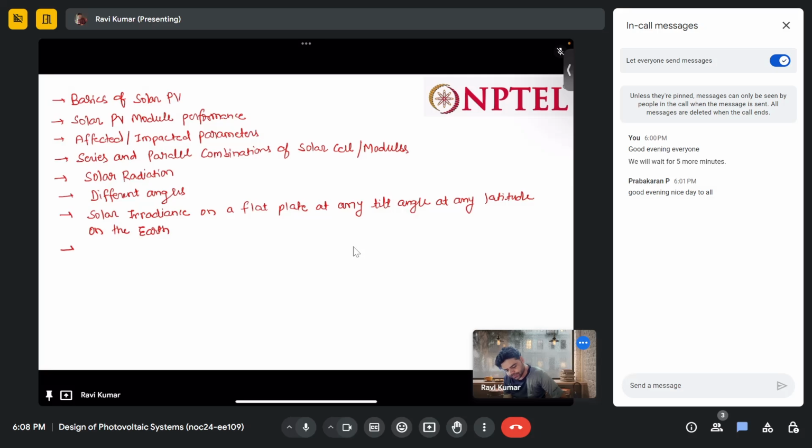Then we have calculated solar PV module requirements, also battery requirement.